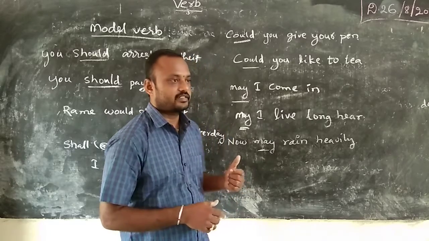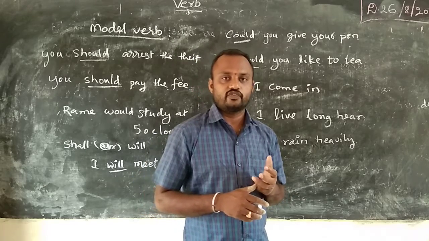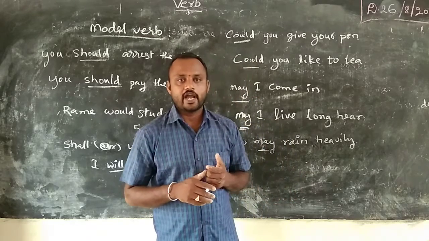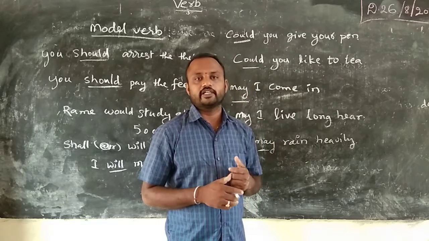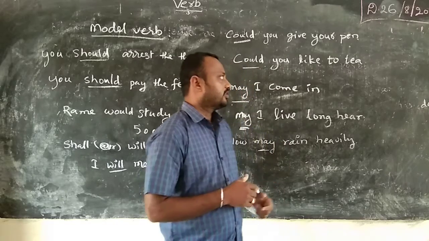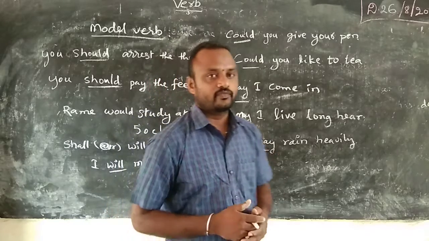Then past tense. Helping verbs of the past tense are was, were, did, had. We can use these words to make the past tense. The next verb is modal verbs.